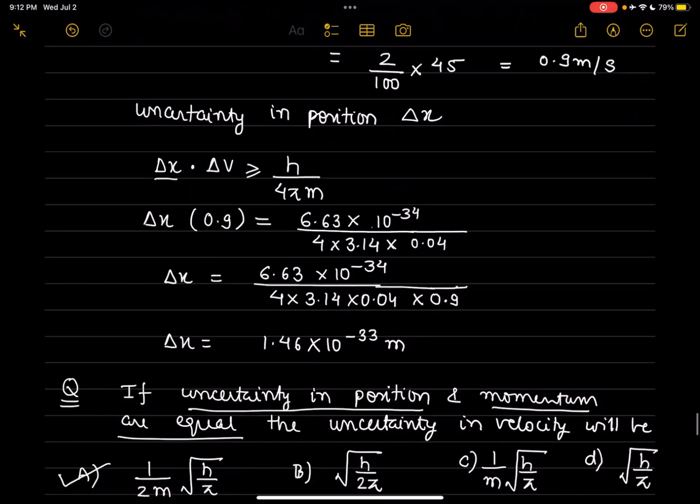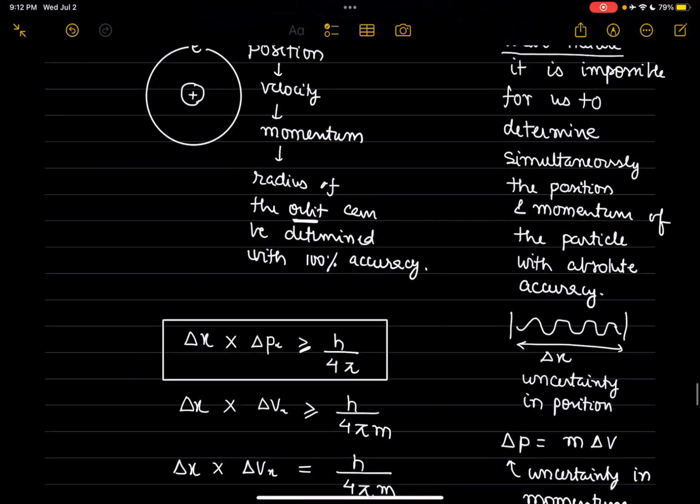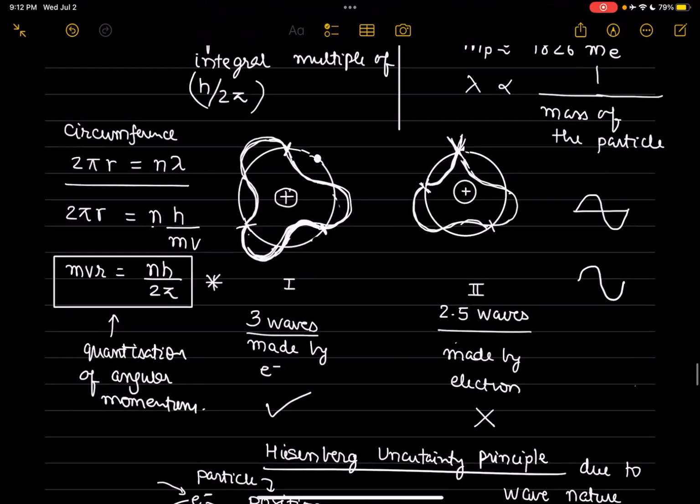Also, because you need to complete the number of waves, any orbit is not possible. That also we have seen. The circumference of the orbit should be such that it holds a whole number of waves, either one wave, two waves, three waves, complete waves. Otherwise the circumference is not permissible.